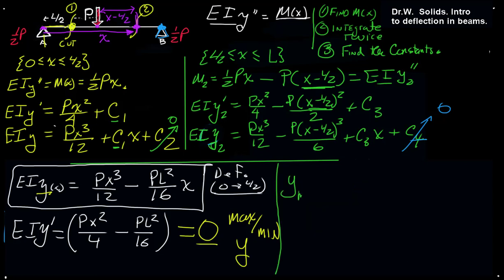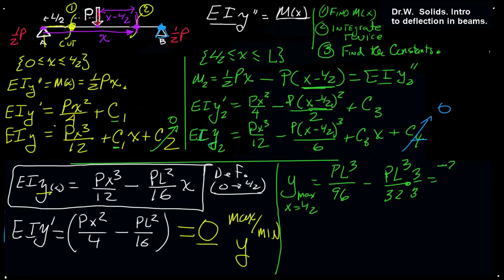We can also then solve for y max, which will occur at x equal to L on 2. PL cubed over 8 times 12 will be 96 minus PL cubed, if we bring in the x equal to L on 2, over 32, of which if we multiply and divide this by 3, we'll have a common denominator of 96.